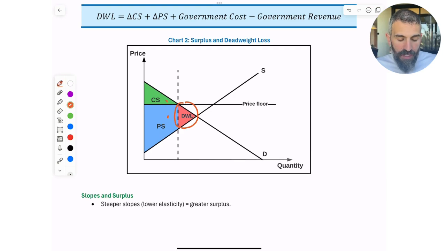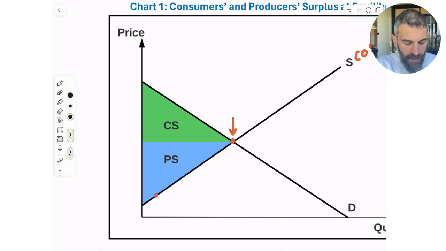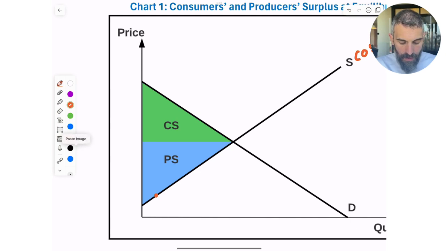And a little bit of theory here, and we're going to relate this back to elasticities. The steeper your lines are, and we learned that a steeper line means that something is more inelastic, so the steeper the demand curve or the steeper the supply curve, the larger the surplus is. Try and imagine, if I go back to my equilibrium point right here, imagine I made my demand curve steeper, let's say like this.